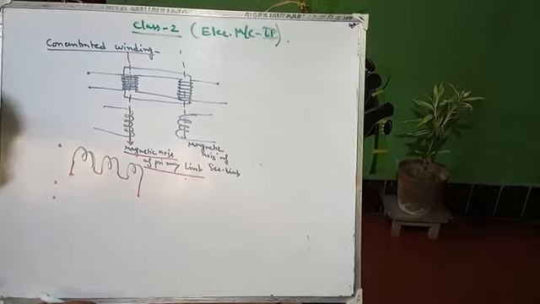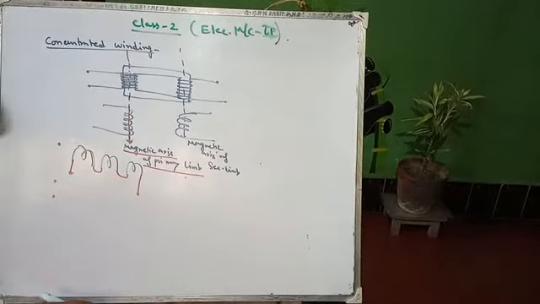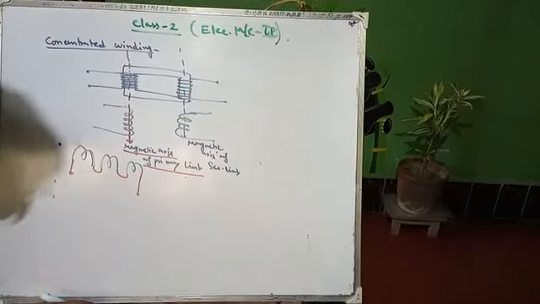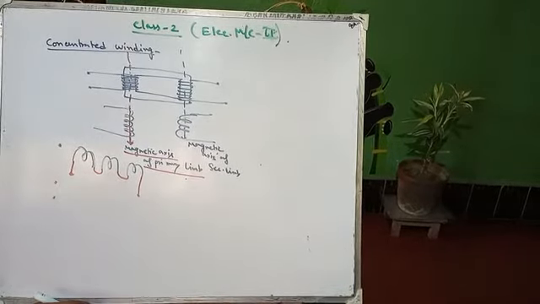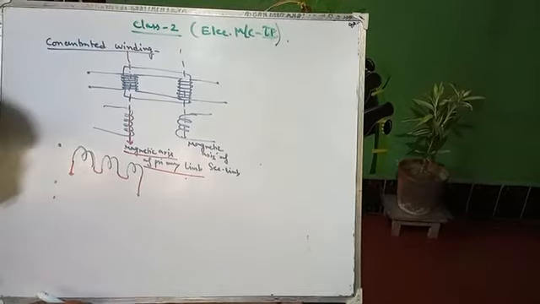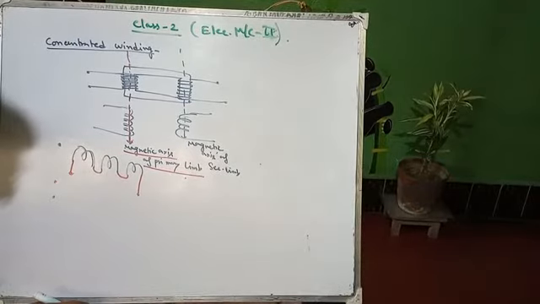Write: field windings of salient pole synchronous machine. Secondly, DC machine field windings, not the armature part. DC machine field windings are an example of concentrated winding. And third, primary and secondary winding of a transformer.